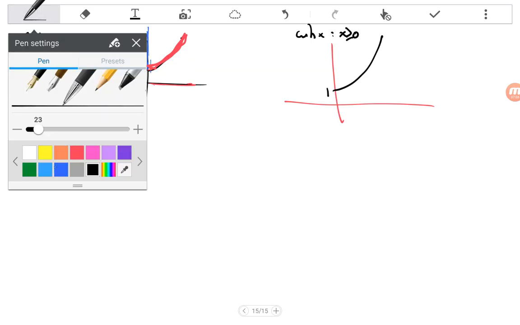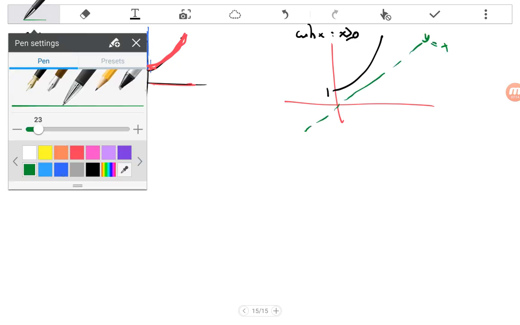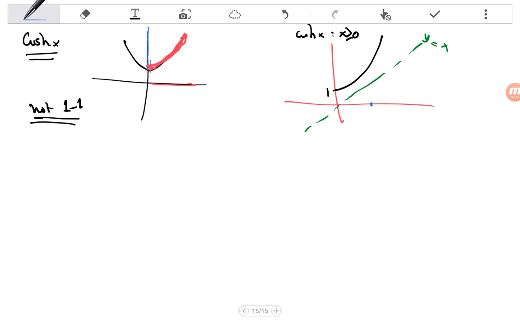Now, if I need to find the inverse of that function, I may make a reflection about y equals x. So in this case, I will have a curve that looks just like this. So a curve of cosine inverse x, it starts from 1 like this, and it looks like this.